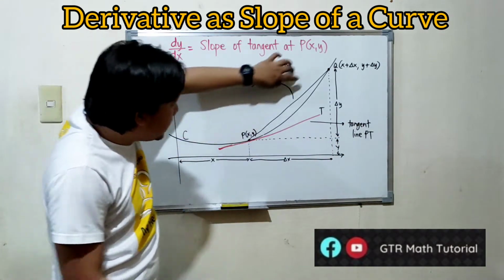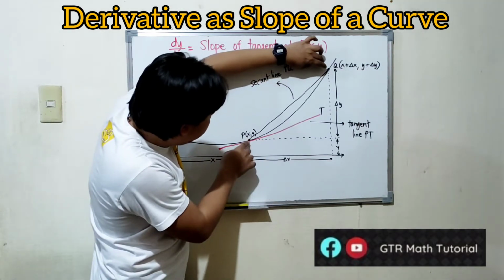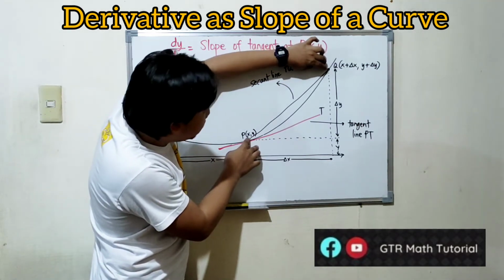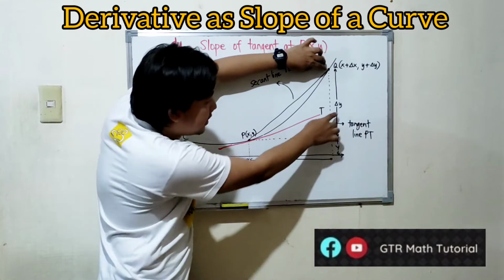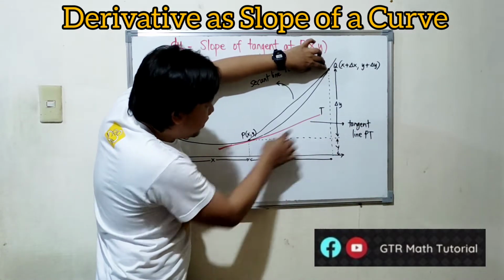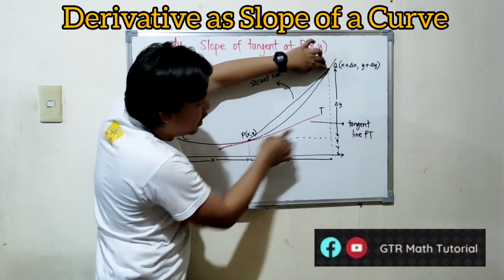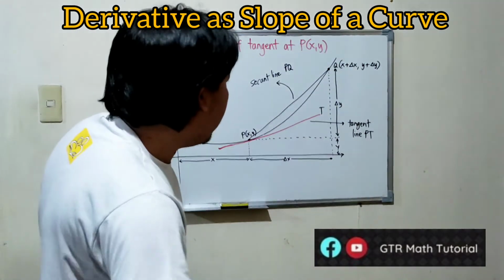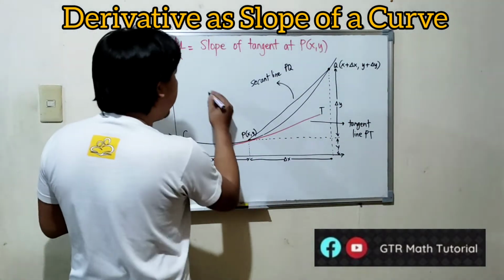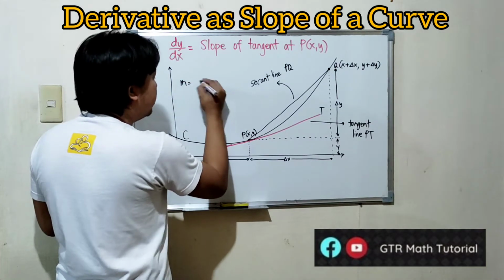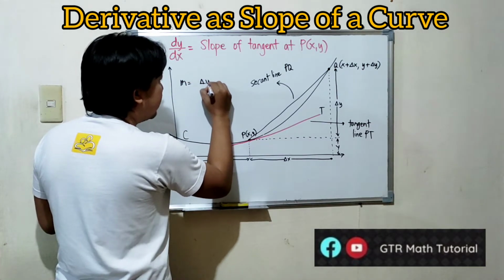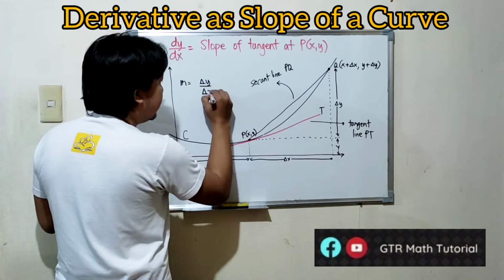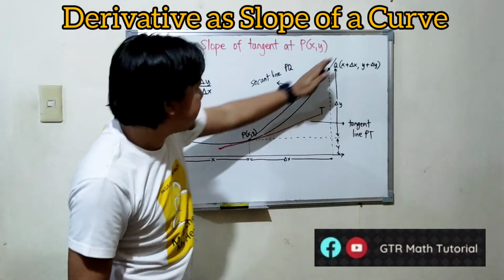So, as you can see, the slope of line PQ is delta y over delta x. So, change in y over change in x. So, the slope of the secant line is equal to change in y over change in x.